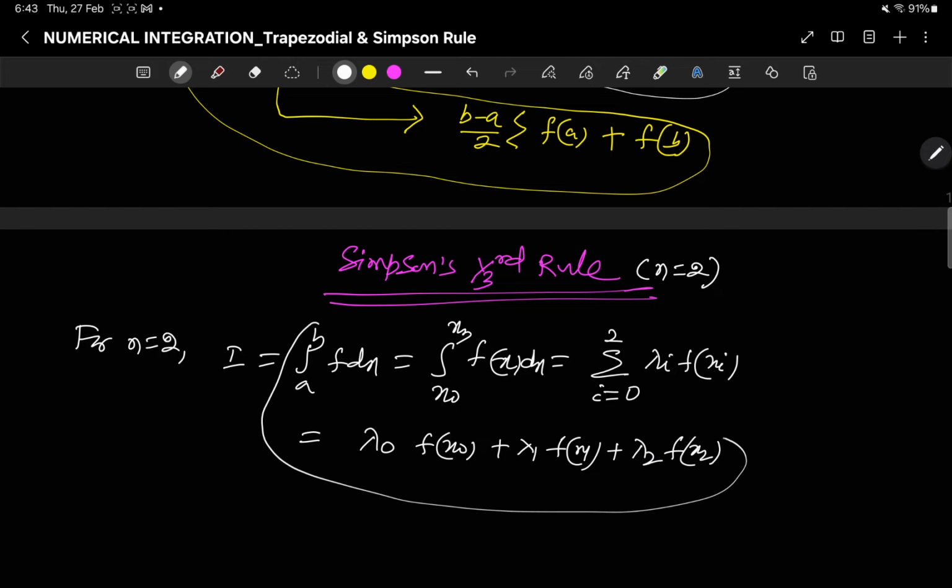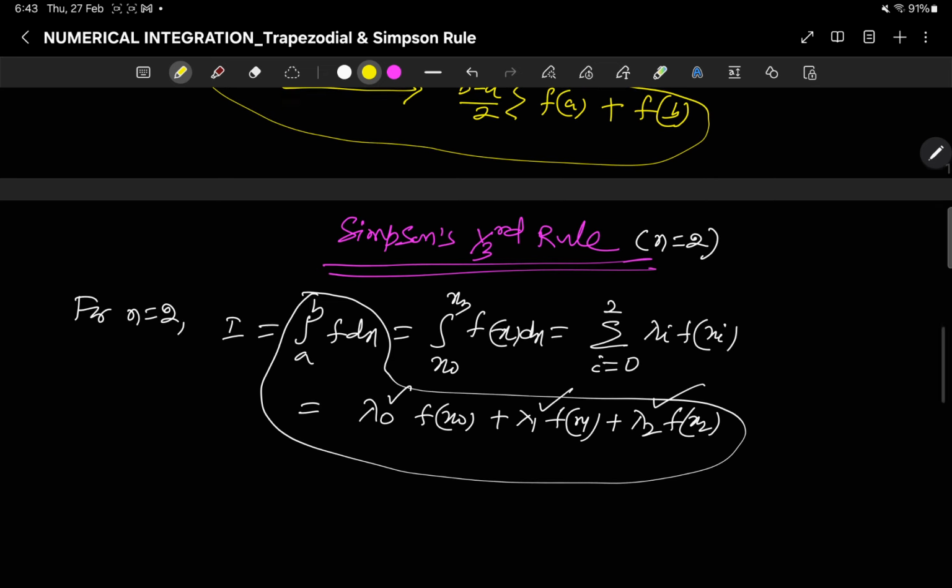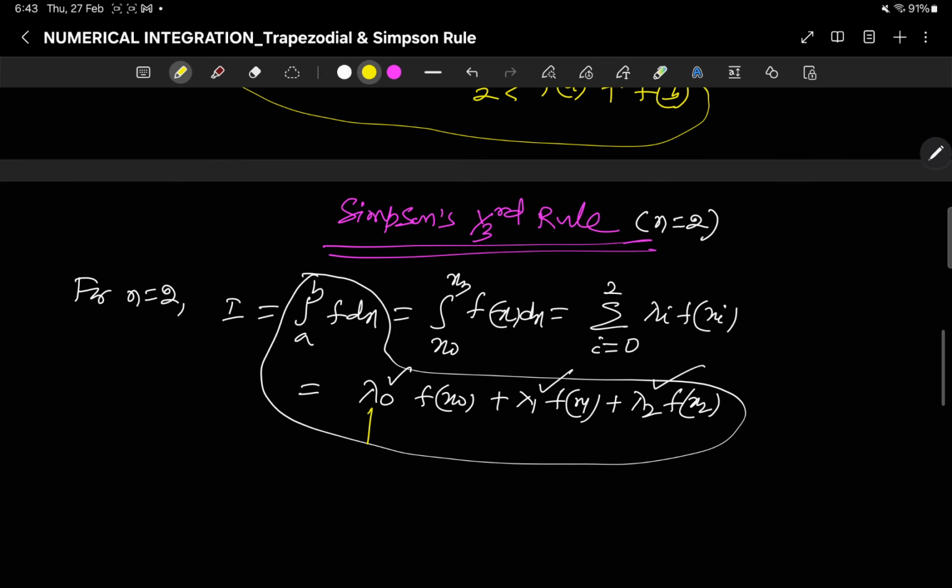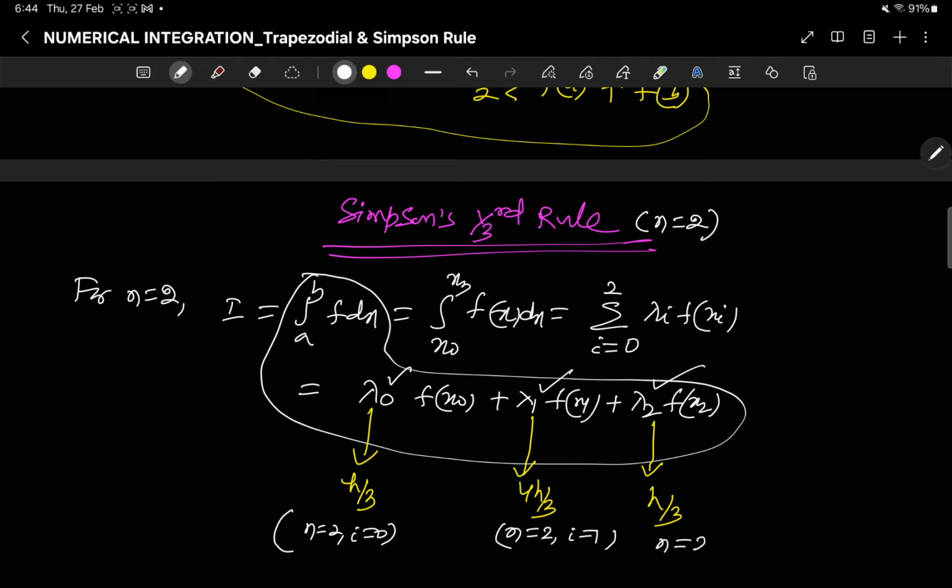Now we need to find the values of lambda 0, lambda 1 and lambda 2. If you simplify it, your lambda 0 will be h by 3, your lambda 1 will be 4h by 3, and your lambda 2 will be h by 3. Here we are substituting n is equal to 2, i is equal to 0, then i is equal to 1, and then i is equal to 2, and if you simplify, we will get it.